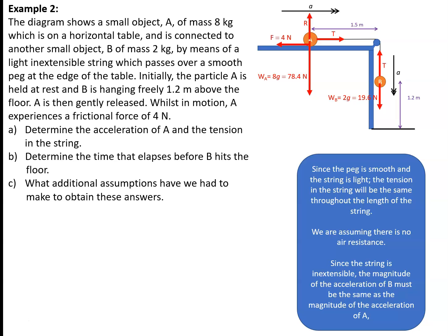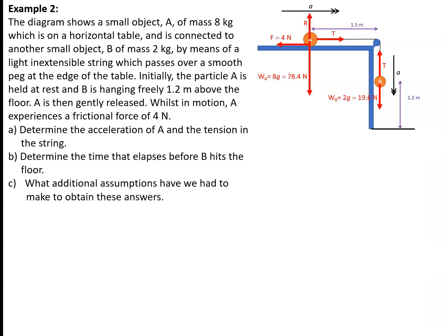Having taken this care over drawing the force diagram and showing the accelerations of each of the two particles, we can now apply Newton's second law. So we'll start off by applying Newton's second law horizontally to A. The resultant force is T minus F, and that must equal the mass 8 times a.